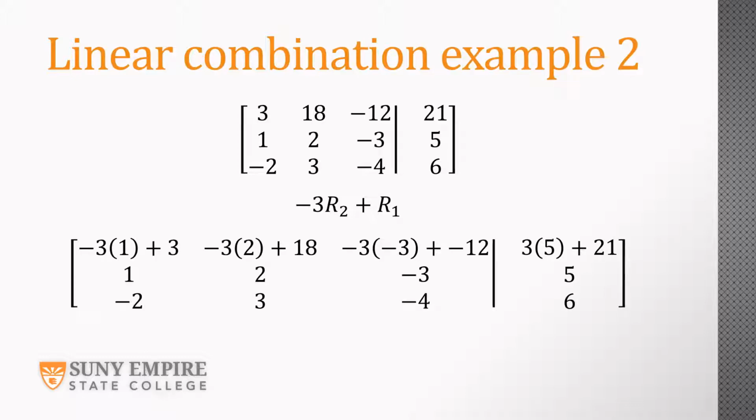For this linear combination, rows 2 and 3 are not altered. Row 3 is not mentioned, and row 2 is our tool for changing row 1. For row 1, we multiply each element of row 2 by negative 3 and add that to the number originally in row 1.